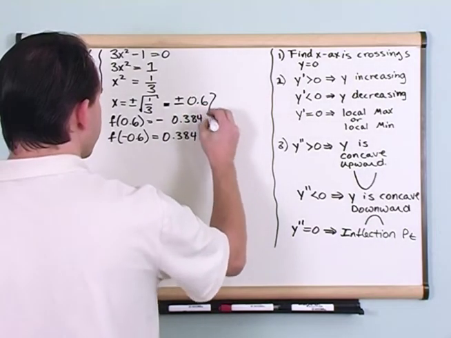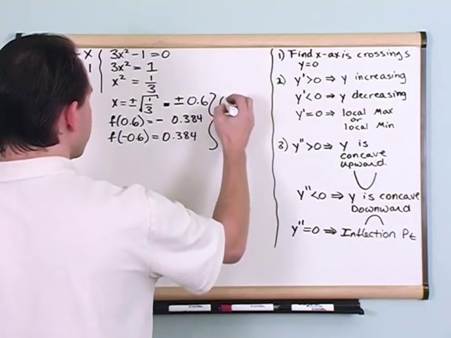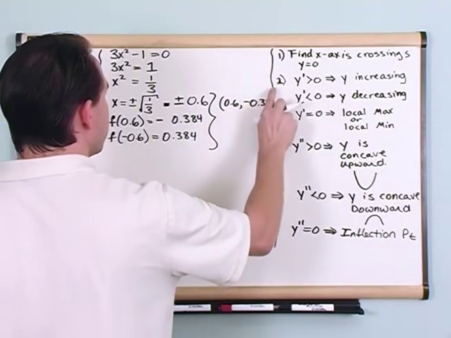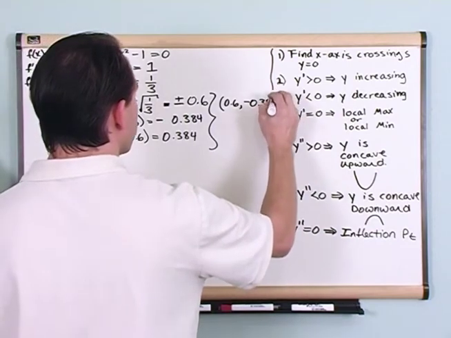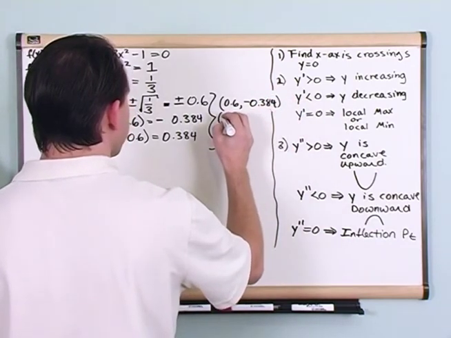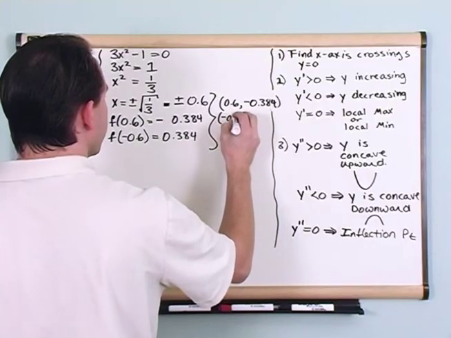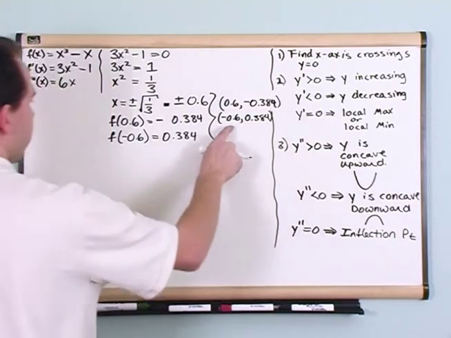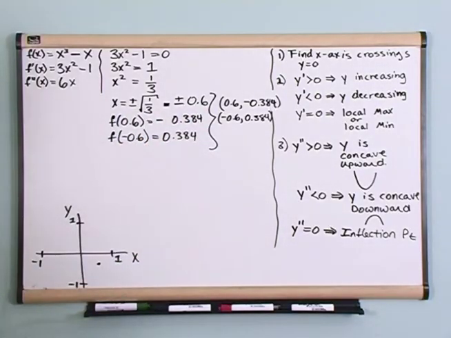Because what this tells me is that I have a local maximum and local minimum at 0.6 comma negative 0.384, and also at negative 0.6 comma positive 0.384. Okay, that's what this information tells me here. So I have another one at negative 0.6, which again is just a little bit past half, and positive 0.384. So I have something there.